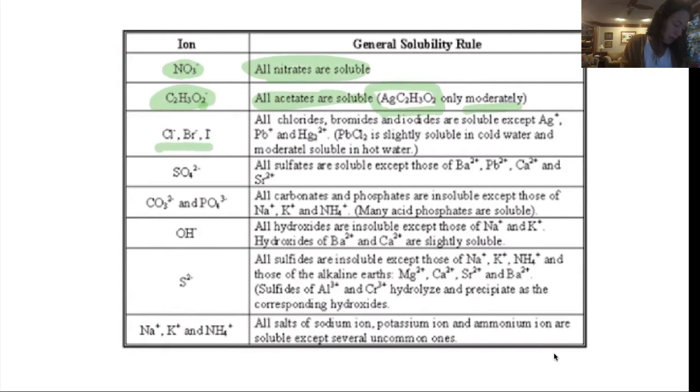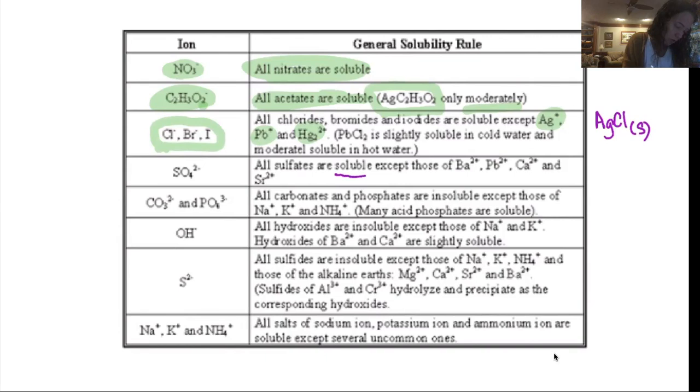Many of your halogens are soluble, with the exception of lead, silver over here, and mercury. You often see that, remember the silver nitrate and the sodium chloride making that AgCl solid? That's often present, but it's told to you, so you don't need to worry about it too much.